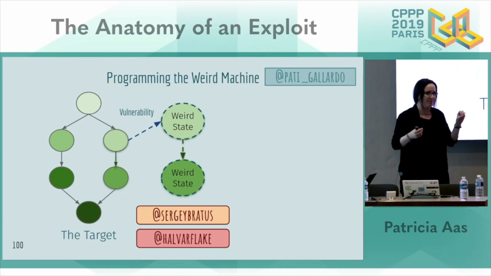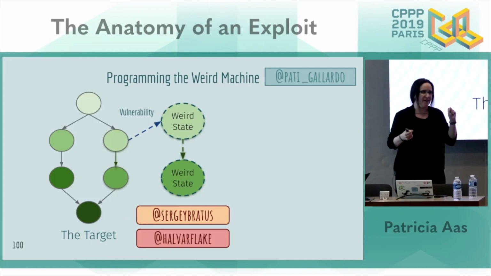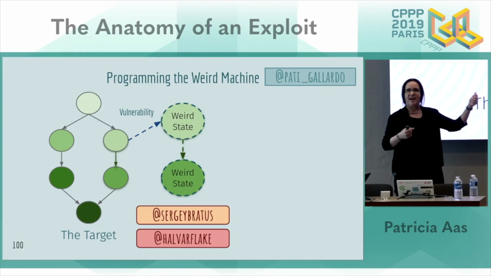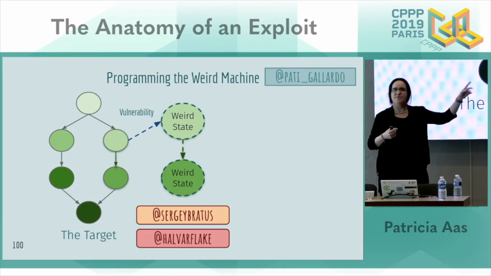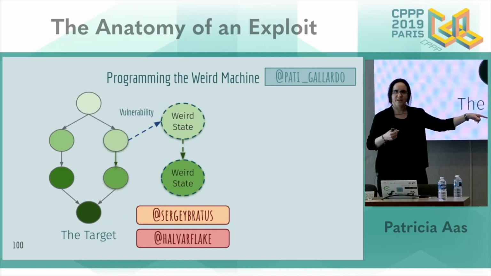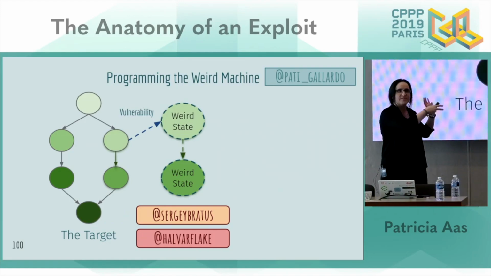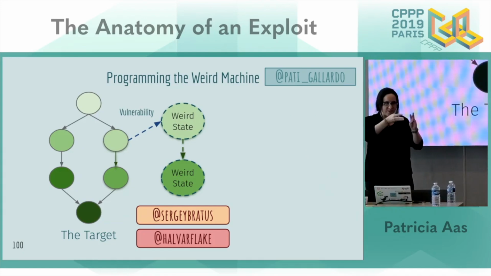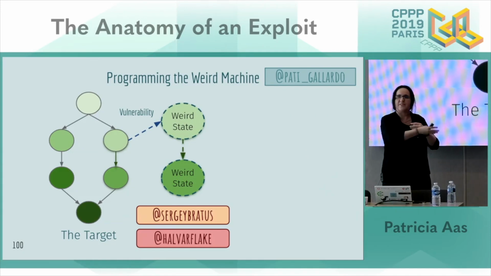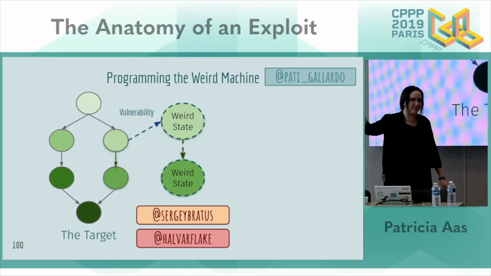And they have special classes for them. So you would say, for example, I have an arbitrary write primitive. That means I have a way of making this program write something somewhere. So you have some weird state that you can stabilize enough that you can get to a code path that will write what you want to a certain place in memory.